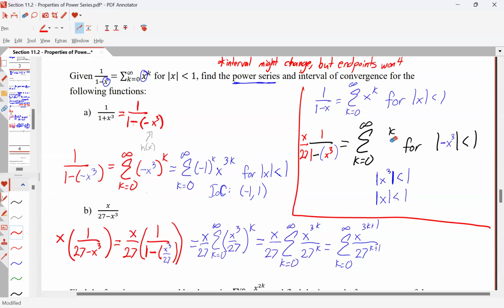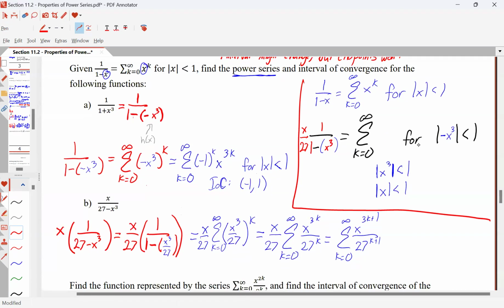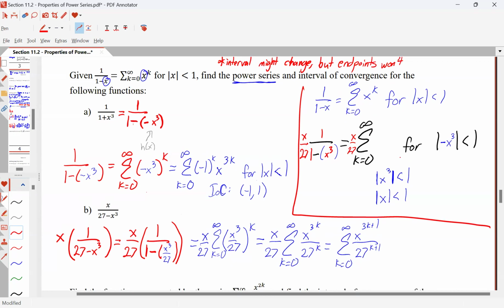And our series overall became, I'm going to leave the x over 27 out here, and it became x cubed over 27 to the k.